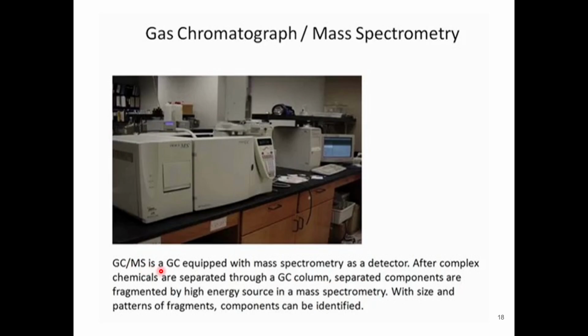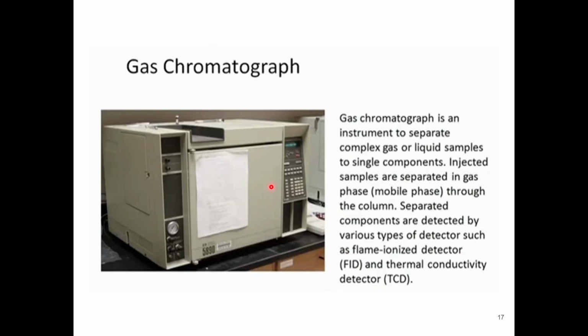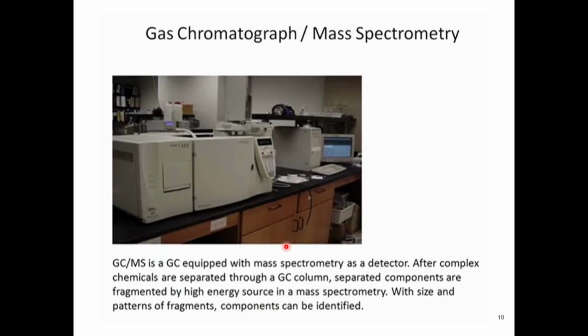GCMS is a GC equipped with mass spectrometry as a detector. After complex chemicals are separated through a GC column, the separated components are fragmented by a high energy source in the mass spectrometer in order to find the m/z, or mass by charge ratio. With the size and patterns of those fragments, components can be identified.